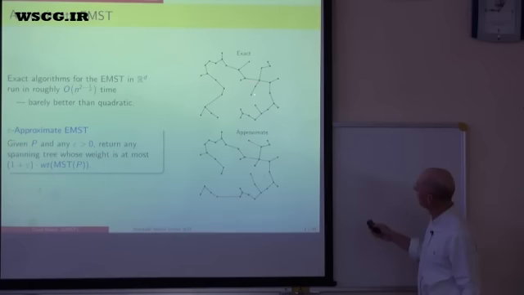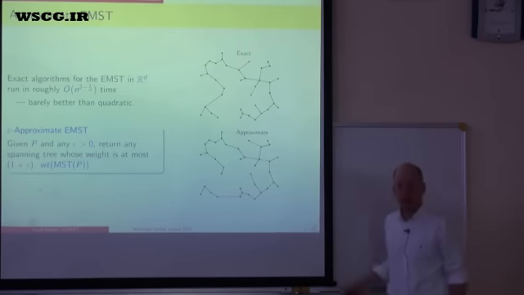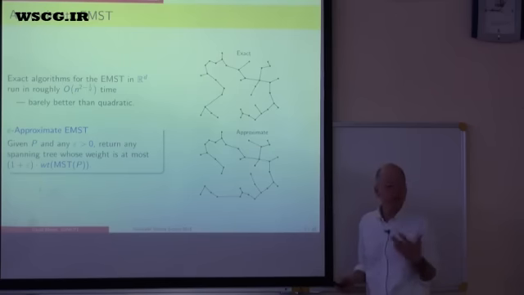Similarly up here, this edge is not present down here, but some other edge of roughly the same length has replaced it. Okay, and the idea is that by computing the EMST approximately, you should be able to achieve greater efficiency. And that's the objective of this talk, to talk about how we can compute EMSTs approximately, but with running time that's closer to linear.